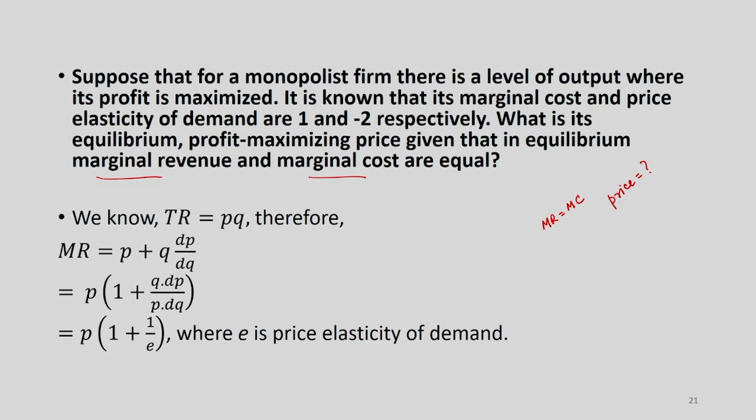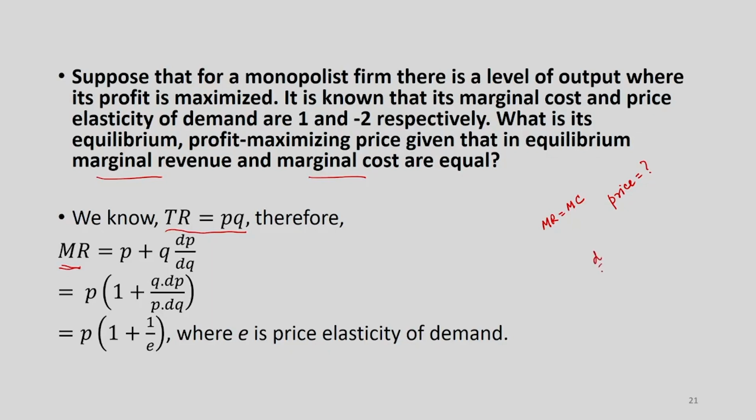Okay. How do we solve this? We start with the total revenue function. As we know, total revenue is equal to price multiplied by quantity, P multiplied by Q. And from here we try to get the expression for marginal revenue. As we know, if we take the derivative of the total revenue with respect to quantity, then we get the marginal revenue.